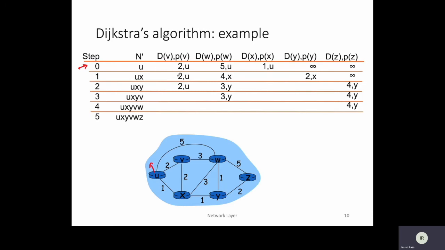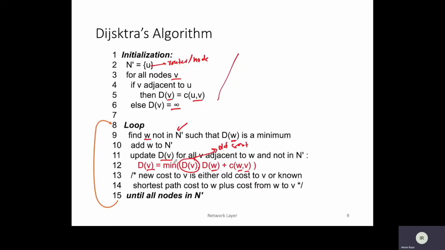And what is the cost to reach dV? Yes, 2. How do we know this cost? Because V is the direct neighbor of U. Remember, in the initialization step, we said for all nodes V that are adjacent to U, the cost is known.